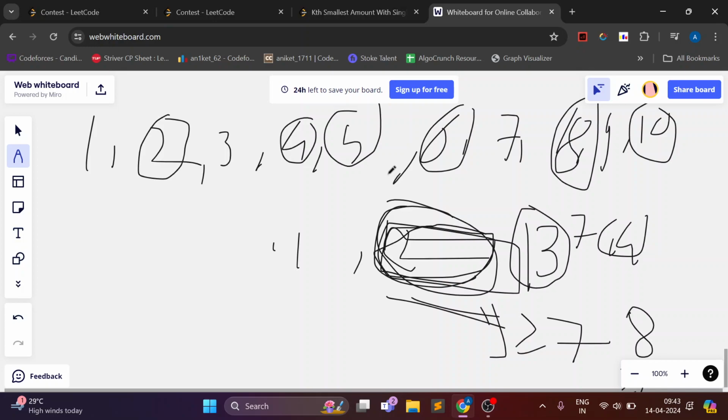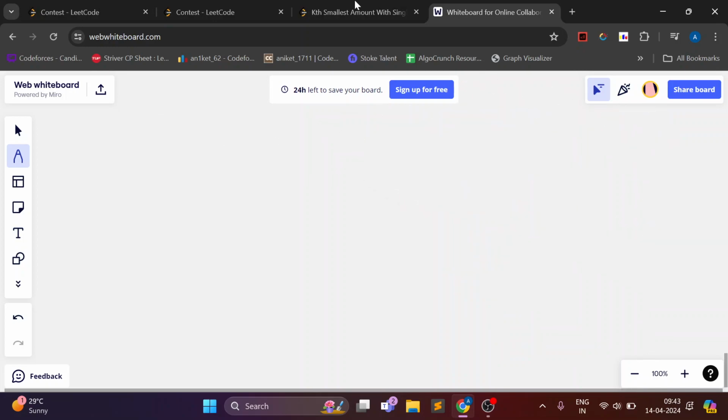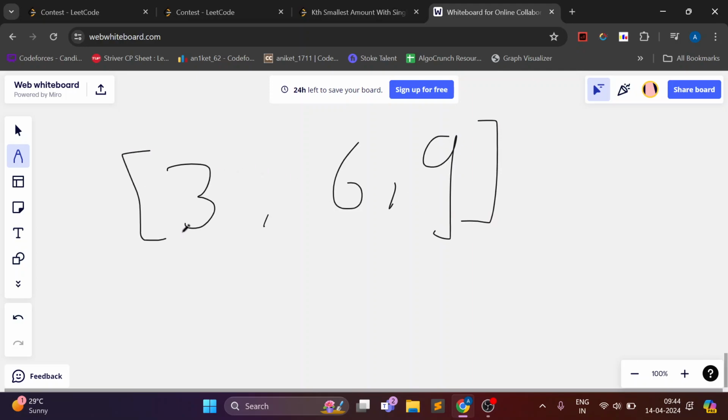Now how to find that there are k multiples? For that, let's see one example. Say 3, 6, 9, and I have to calculate multiples in 9. First of all, I will calculate multiples of 3 in 9.